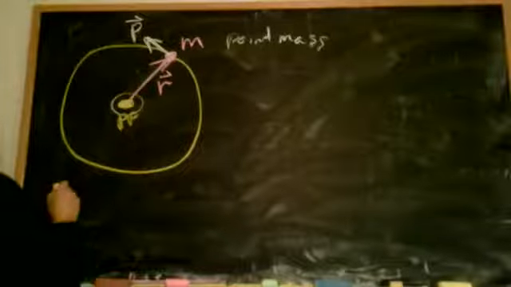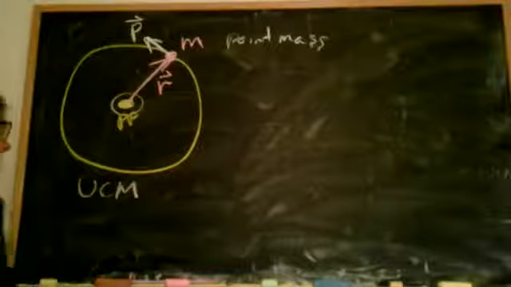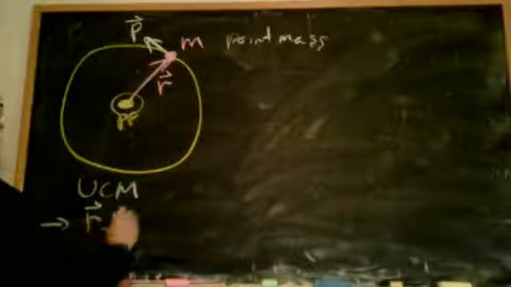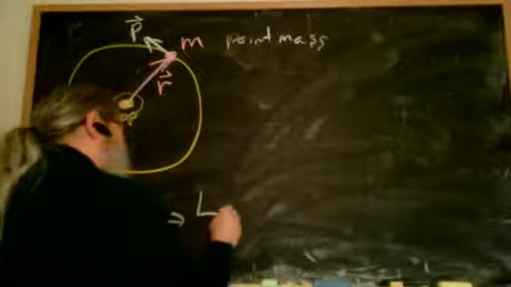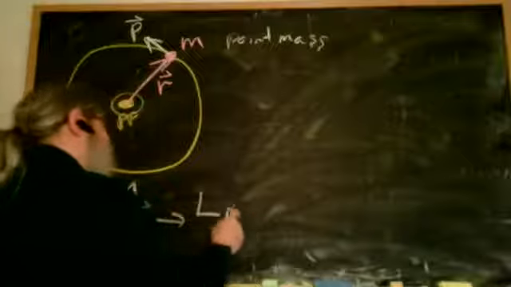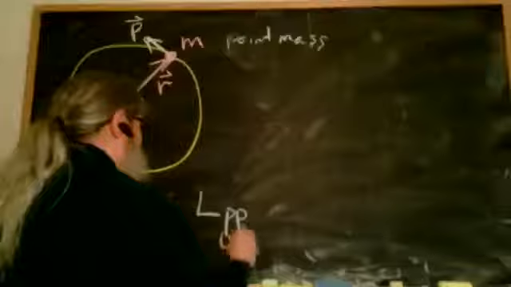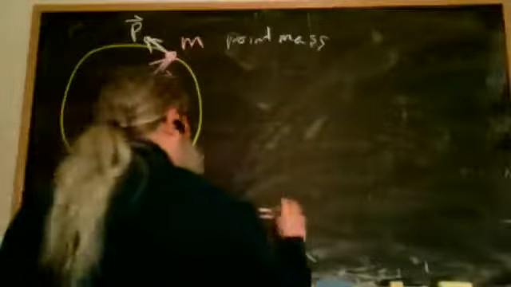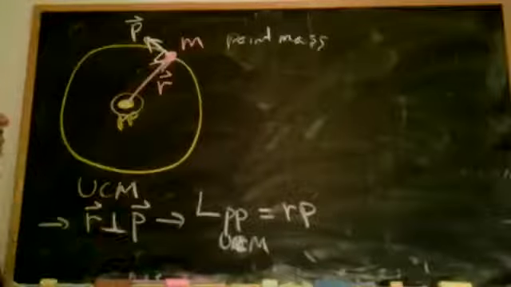Well, in this case, this is basically uniform circular motion. The vector r is perpendicular to the vector p, and therefore the angular momentum, it's confusing that L is associated with the angular momentum, the angular momentum associated with the point particle moving in uniform circular motion is basically r times p times the sine of 90 degrees, right?